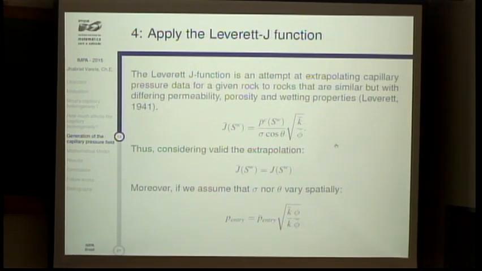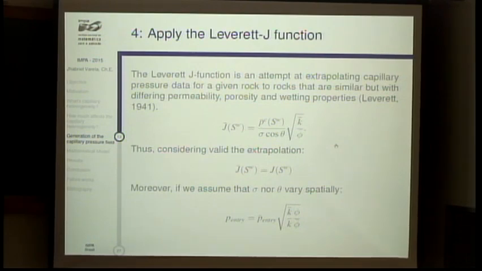This is the equation. Basically, the J function is a function of the saturation of the wetting phase. It depends on the capillary pressure, which depends on the saturation, the surface tension, the contact angle, the permeability, and the porosity. Okay?